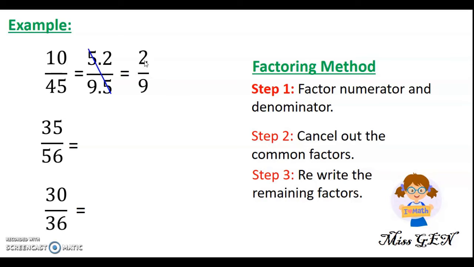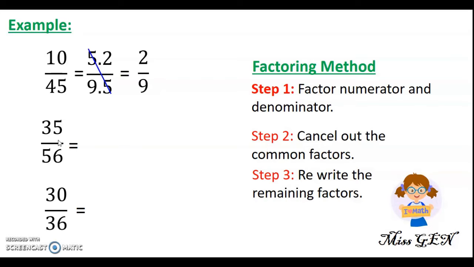So for example here we have 2 over 9. 2 is a prime factor because we cannot factor 2 any further, because the only factor of 2 is 1. But here in our denominator, which is 9, we can still factor 9. The factors of 9 are 3 and 3. But we will not do it anymore because we have already gotten the prime factor of our numerator.